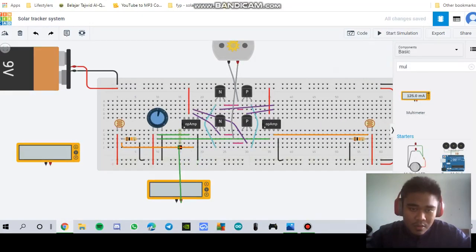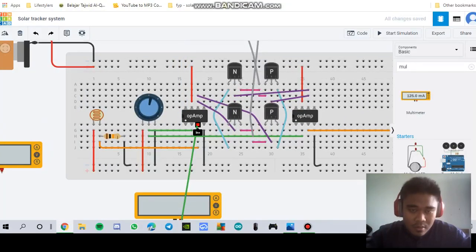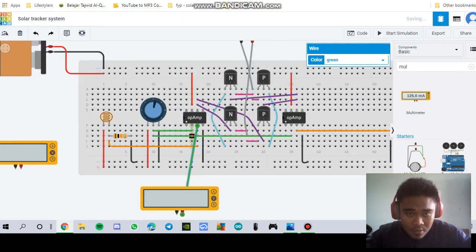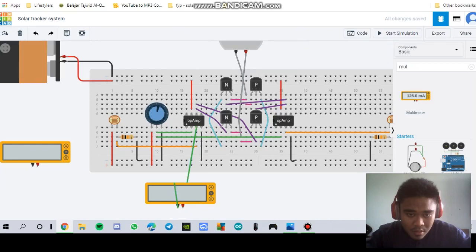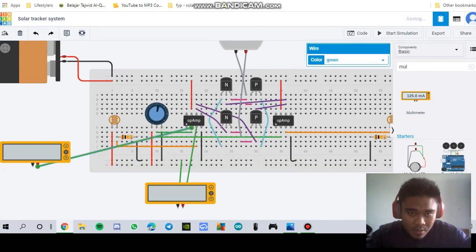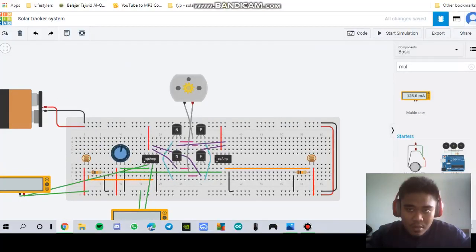Connect the positive connection to the non-inverting leg and to the ground, then this one to the inverting terminal leg and the ground, and start the simulation.